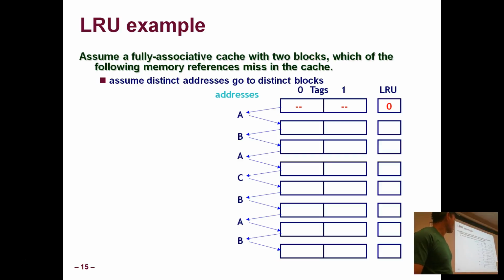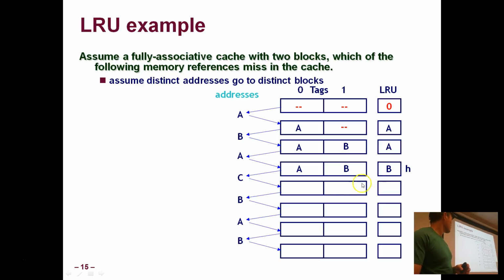Okay, so we start with A. We bring A in, and A is the least, well, you could say dash dash is the least recently used. That would be fine as well. And then when you access B, B will be brought in. Now the least recently used is A, because A has the more distant access. So when you access A, it's going to hit, and the only thing that's going to change is the fact that now B is the least recently used.